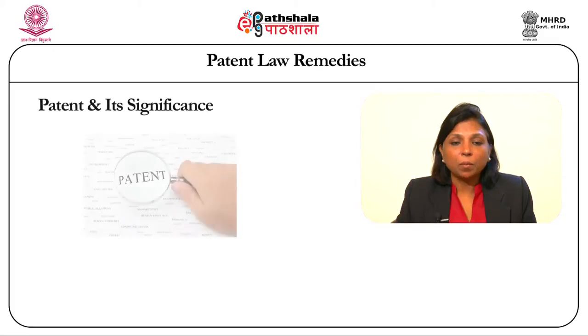Also, to quickly sum up the significance of a patent, and this is very important because law is evolving. As you know, law is never stationary, it is constantly evolving. The evolution of a law is directly dependent on social evolution, technological evolution, economic evolution, and how things progress.